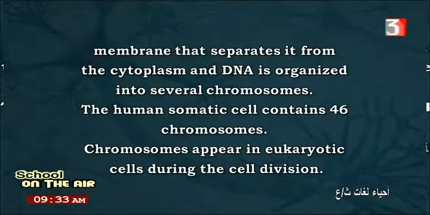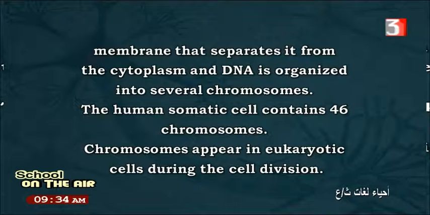The nuclear membrane separates the DNA from the cytoplasm, and DNA is organized into several chromosomes. The human somatic cells contain 46 chromosomes. Chromosomes appear in eukaryotes during cell division.